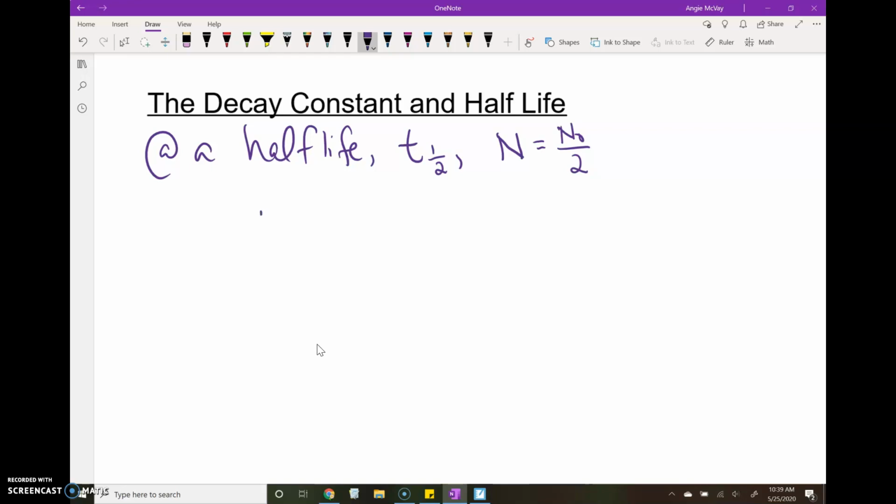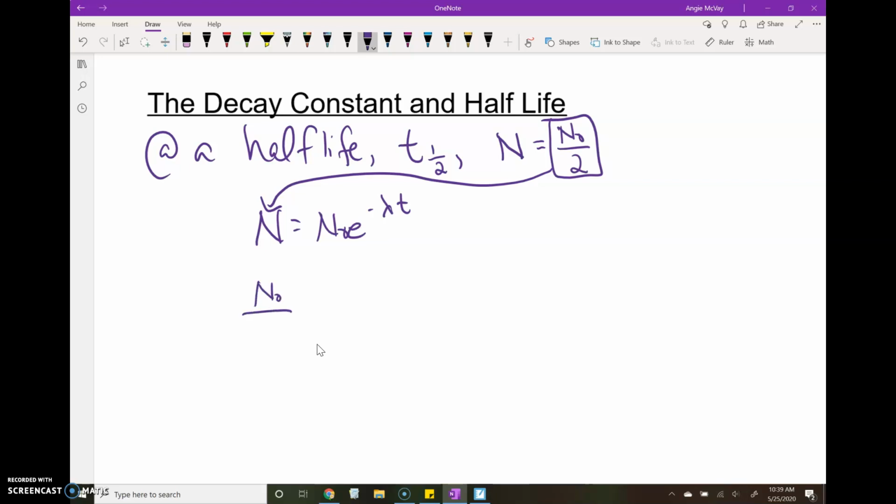So if we use the equation that we just came up with, N equals N naught e to the negative lambda t, if we take this and plug it in for the number after one half-life, N is the maximum number of a parent nucleus, or the original number divided by 2, and that is equal to N naught e to the negative lambda t.